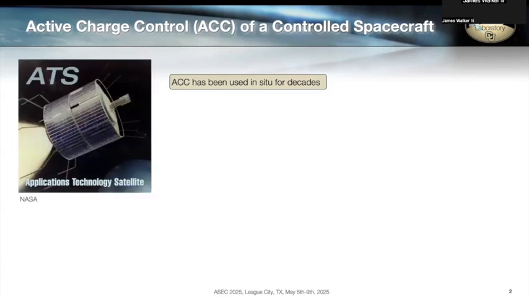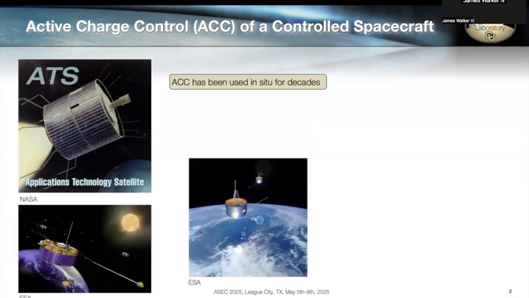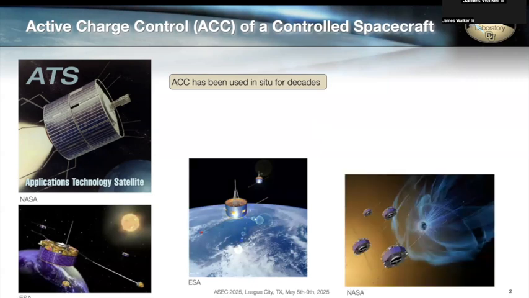It started with the ATS 5 and 6 missions, where it was demonstrated that using electron emissions and plasma emissions, you're able to influence your own electrostatic potential through the emission of these particles. Then this work was expanded on and used in future missions such as the cluster missions, double star, and more recently MMS.